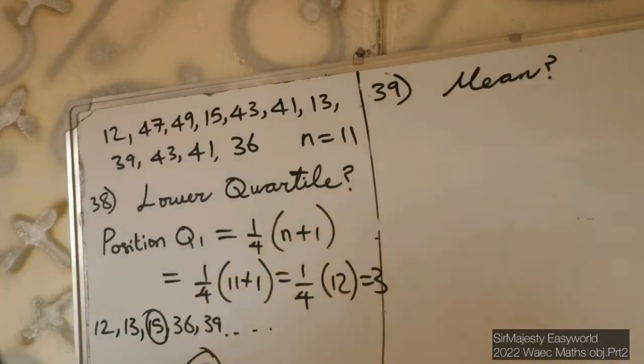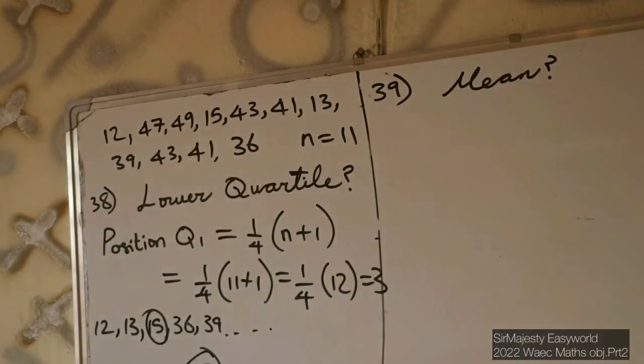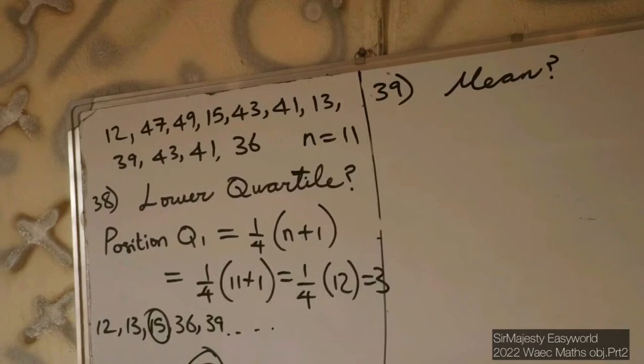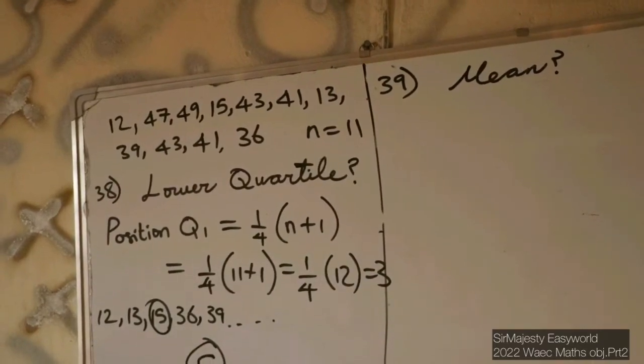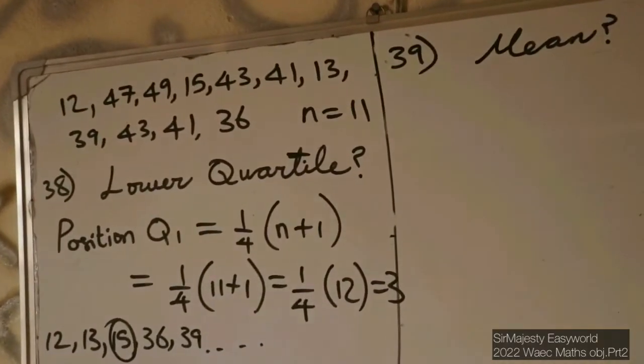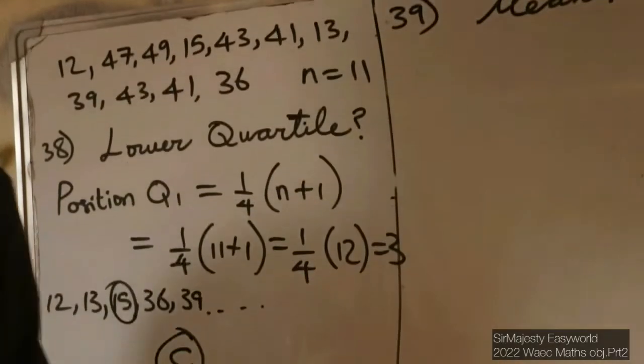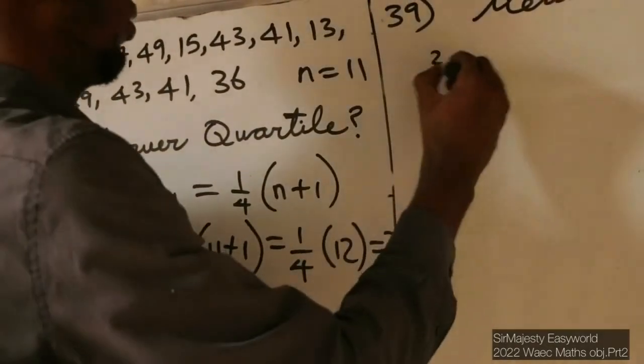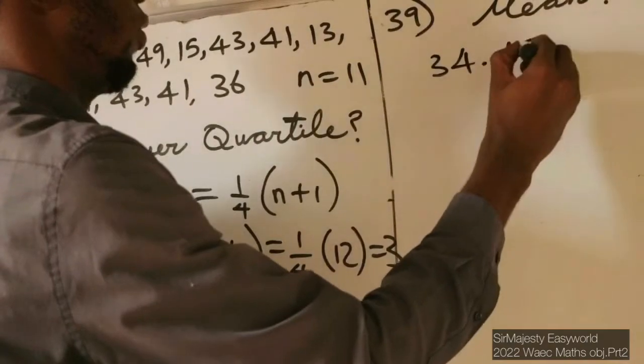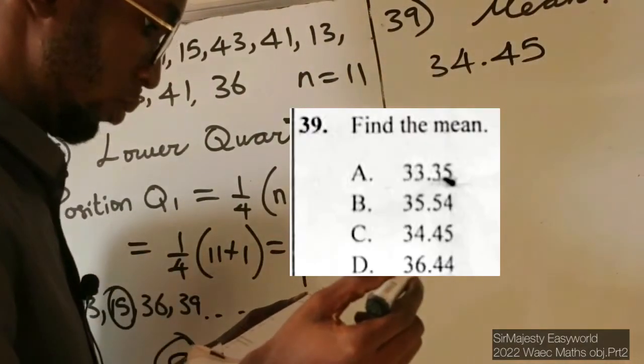So I'm going to use a calculator to find this now. So the answer is 34.45, which is option C.